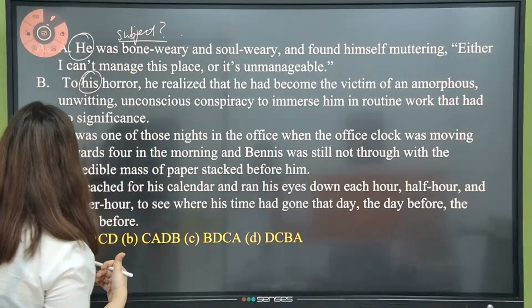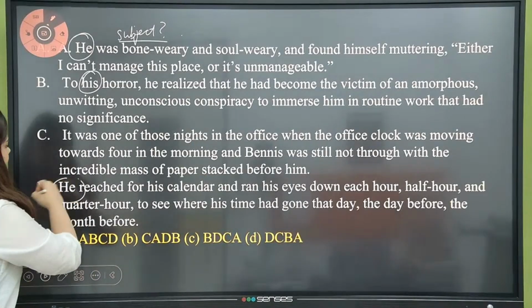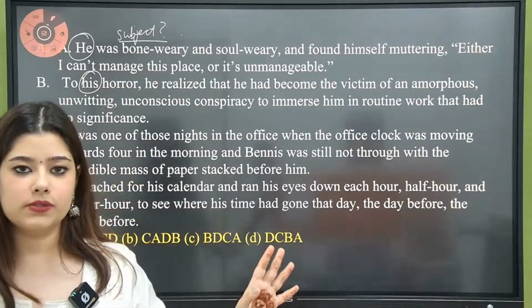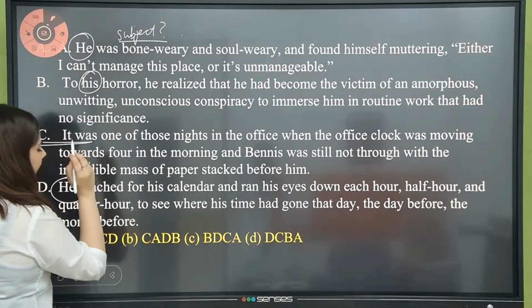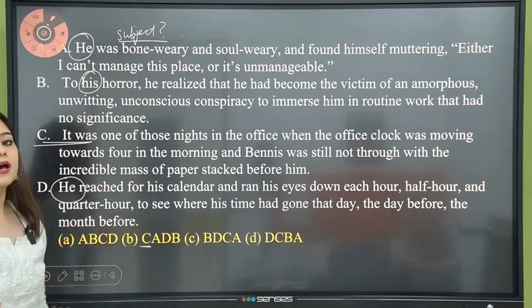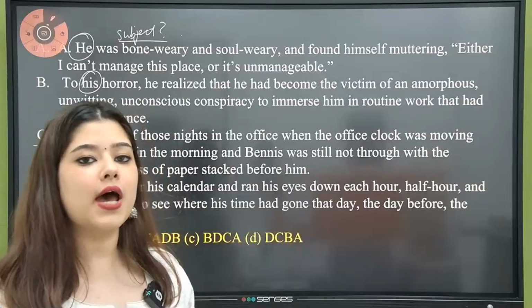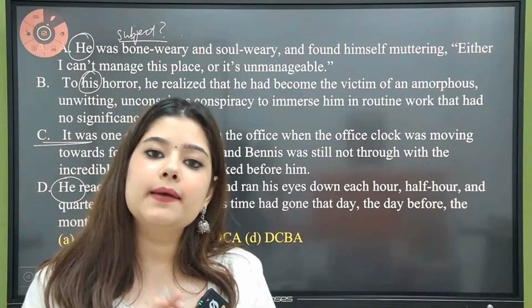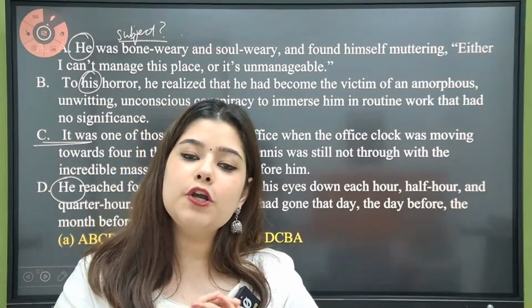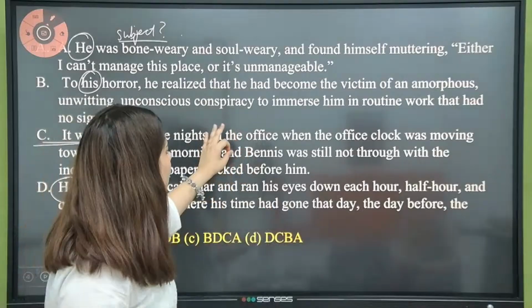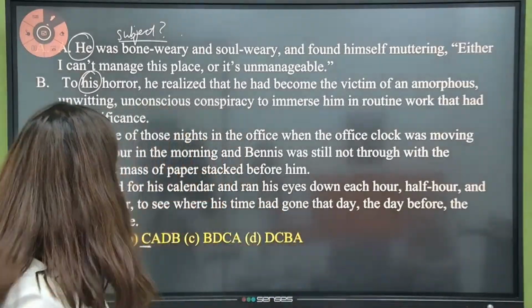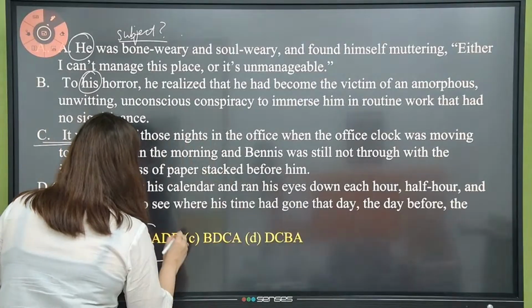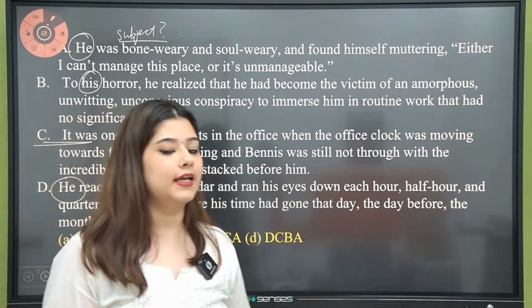Let's have a look at C. D also talks about some he. Cannot be my introductory statement. So I know for sure that my introductory statement is C. The paragraph has to start with C. And if I am witty enough, I will not devote even one more minute solving this question. Why? Because there is only one option that has C as its introductory statement.